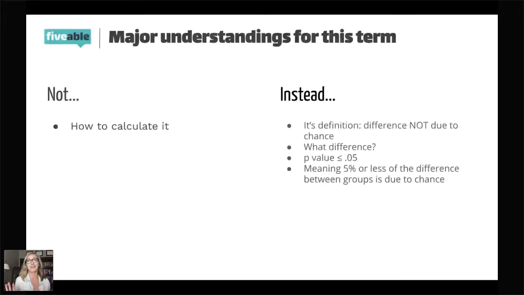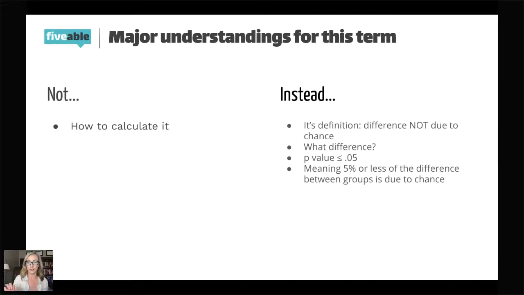You know way more than I do. You do not need to know how to calculate it. Instead, you have to know its basic definition: the difference between the two groups is not due to chance, and the experimenter has to be able to say that, yes, it was my independent variable. Otherwise, why would they publish their work? It's worth nothing because it says nothing.